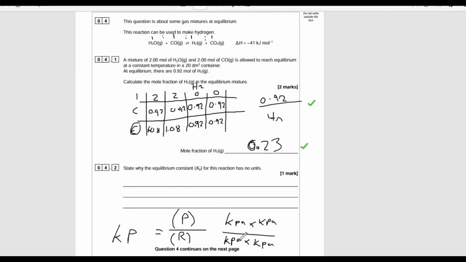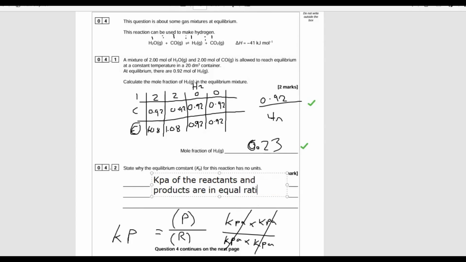So it's just a straight thing, there's no units because the kPa cancels for the reactants and products. We want to say the kPa of the reactants and products are in equal ratio, so they cancel out. So that is really what we want to get down.